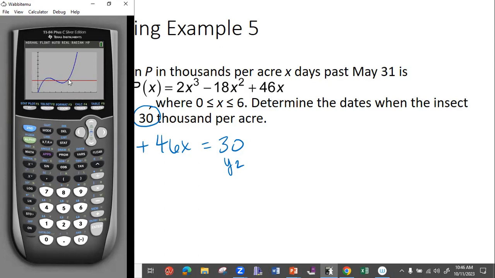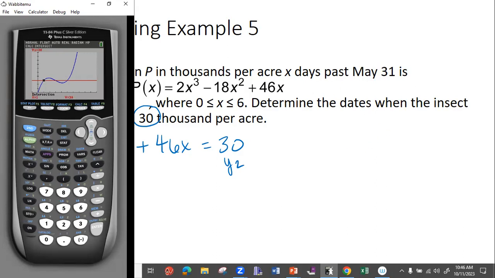To find those solutions, I'm going to press second trace, and I'm looking for the intersect of those values. You're going to move your little spider, just like you read a graph, from left to right. I'm going to start finding the intersect from the left. It says first intersect, and it's at 1, 30.